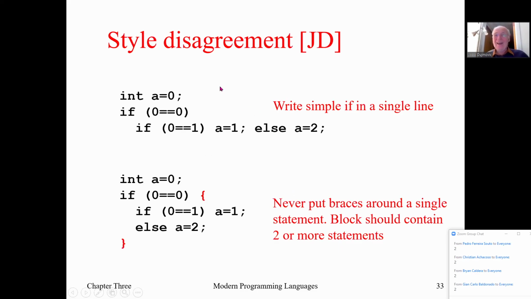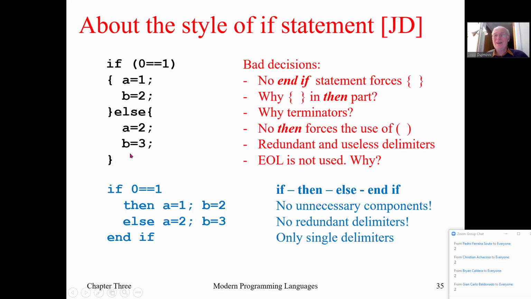So let me tell you about the style of the if statement. Here is a piece of C++ or C, which is an exhibition of bad decisions. Look what happens here. You say if 0 equals 1, you have to put that in a pair of parentheses. Then you have here a is 1, b is 2, and this is a pair of braces.